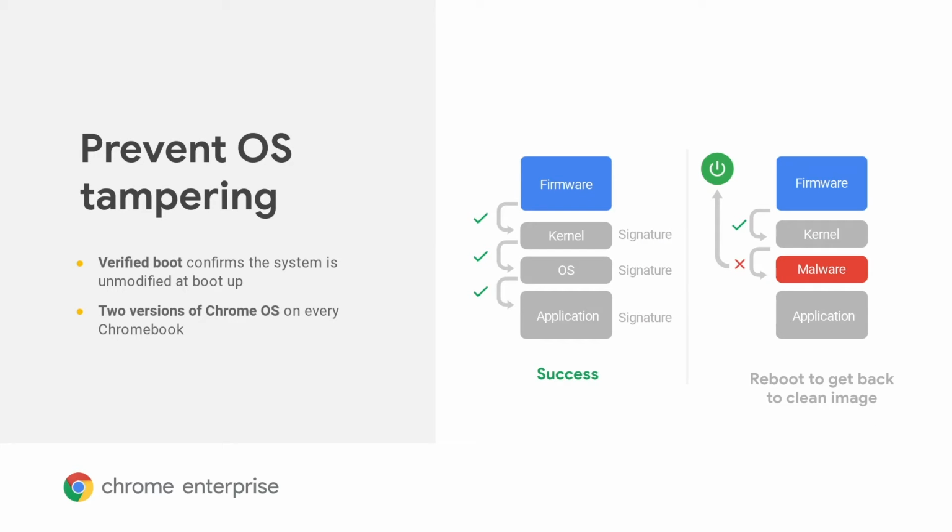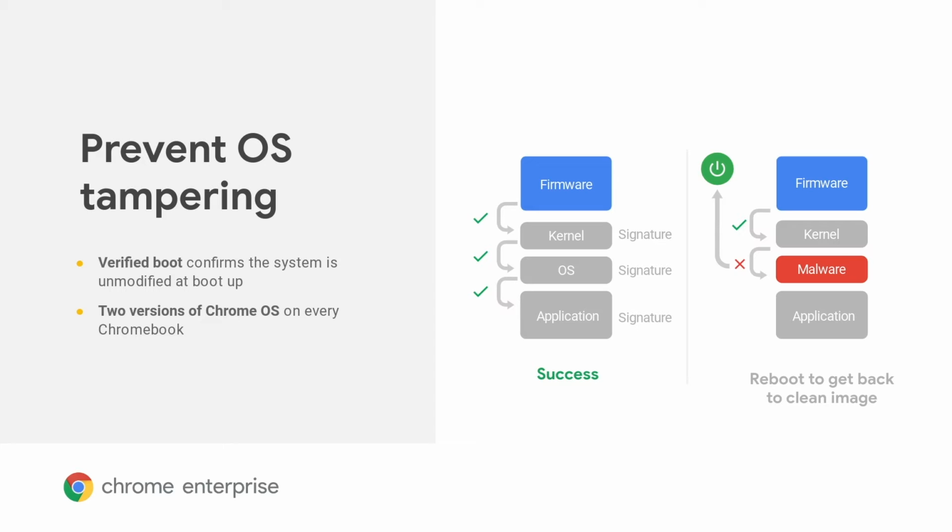So let's talk a little bit about preventing OS tampering. And this is another very unique thing that Google is able to do with Chrome OS that enhances its security beyond traditional OSs. Verified boot is a manner in which the Google hardware, along with the firmware and the OS, is able to check against the known image that is made and provided by Google that is in that known stable state as it was originally deployed.